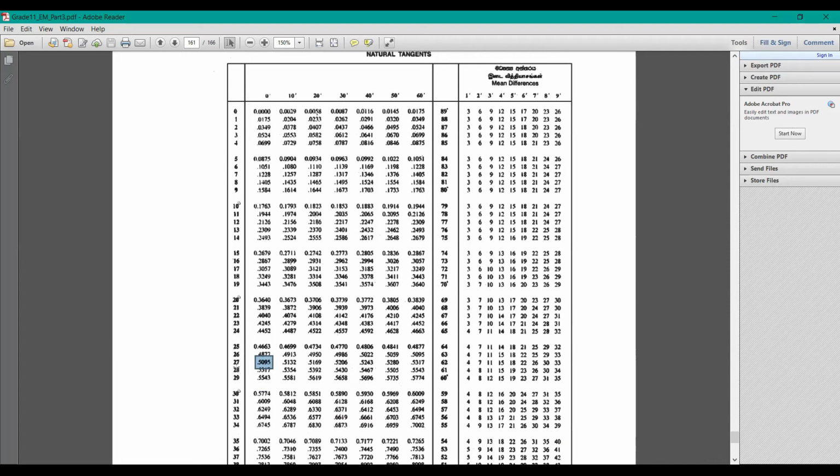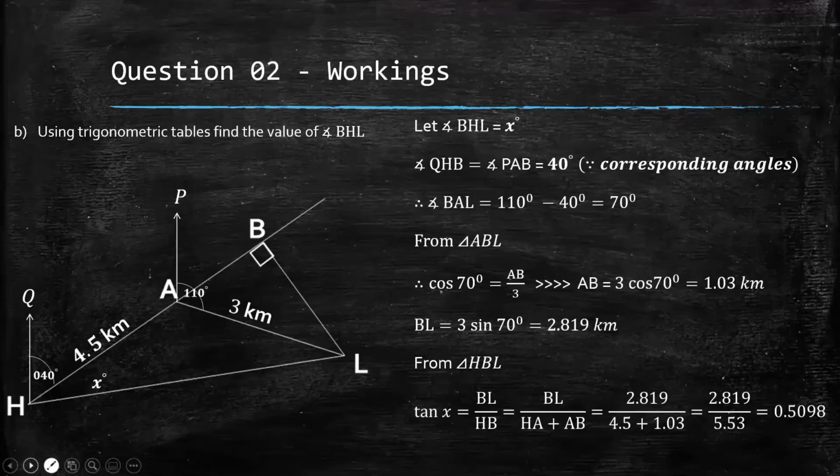So that means 27 degrees and 1 minute. From the tables, you are able to find the value in minutes.